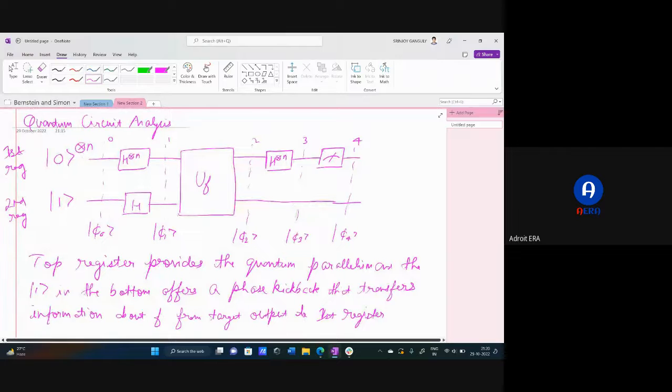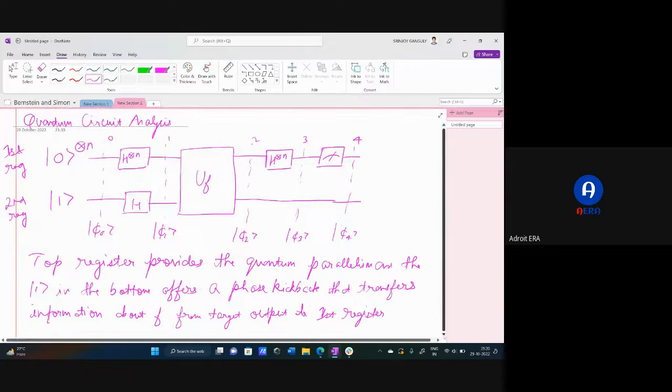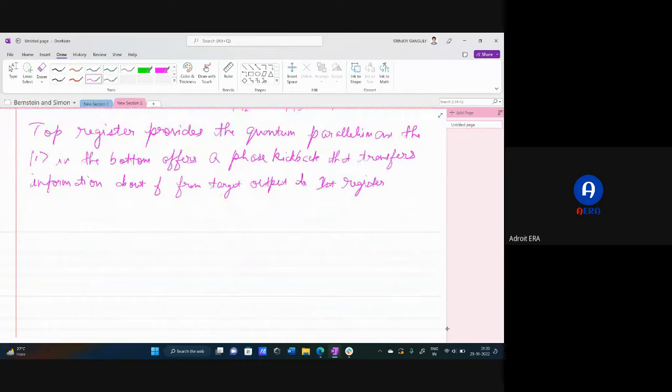Okay, now let us try to do the analysis. We have already drawn the circuit, so let us start with step 0. Yes, step 0. What is step 0?